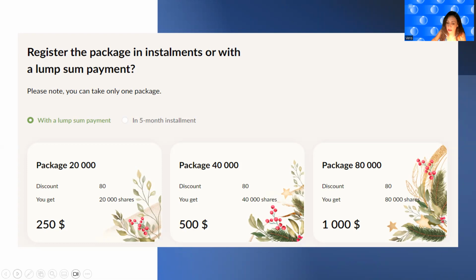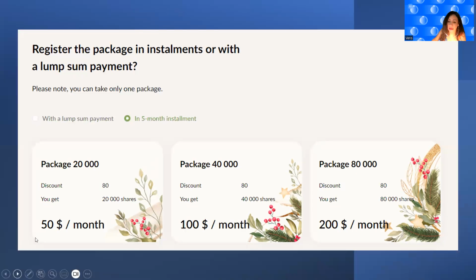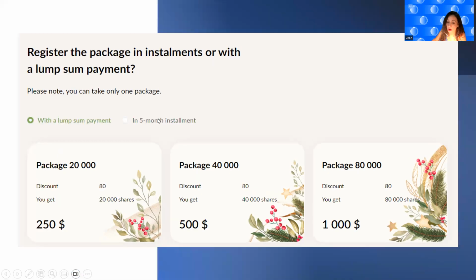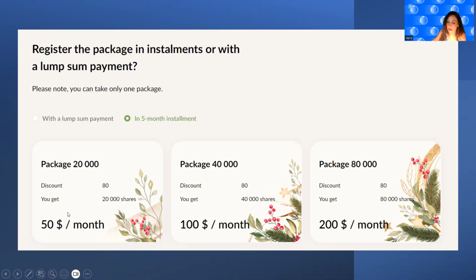80,000 shares. And in 5 installments of $50 is the same package. There is no difference. Okay, you can pay in one only payment or in 5 installments, and you can acquire the same amount of shares.